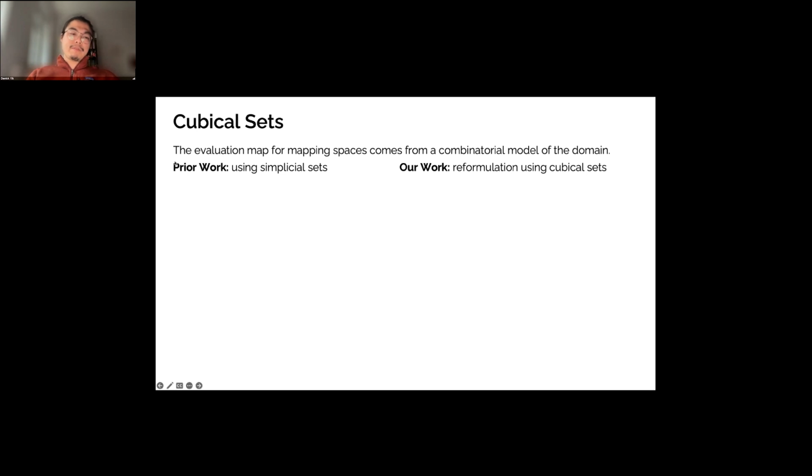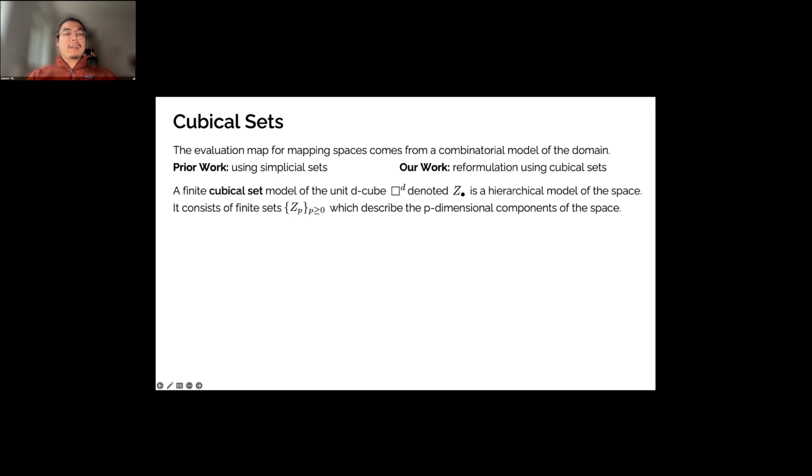And so the first step of what we had to do was to reformulate this work on Chen's construction on mapping spaces into the language of cubical sets, which are really just an analog of simplicial sets, except we're using cubes rather than simplices. So let me just briefly go over how this construction works.